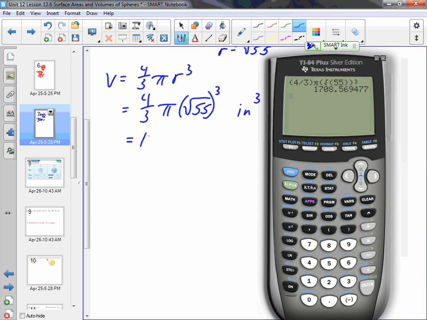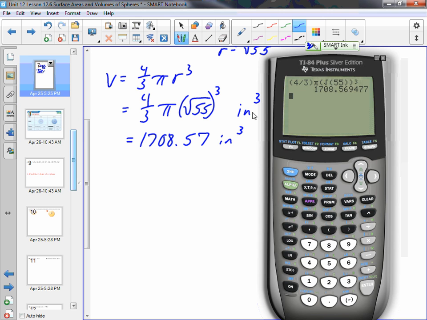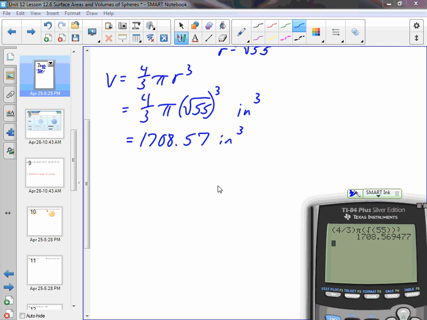So we get 1,708.57 cubic inches. All right, any questions?